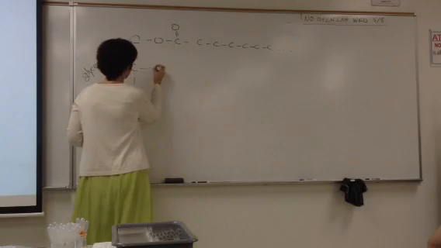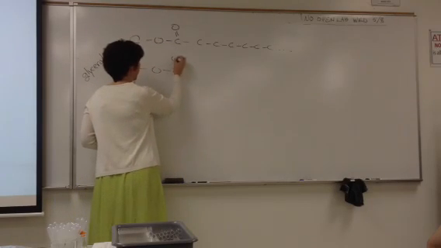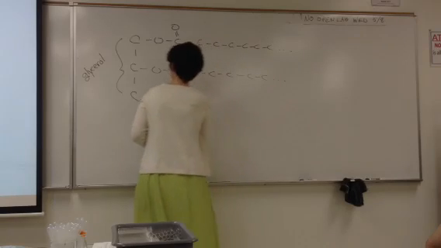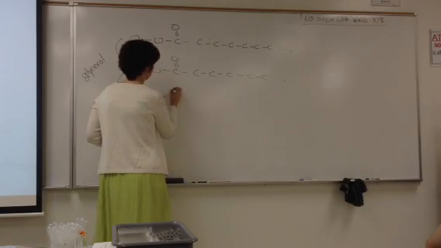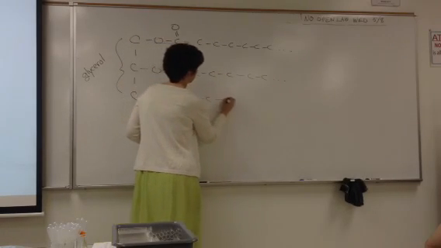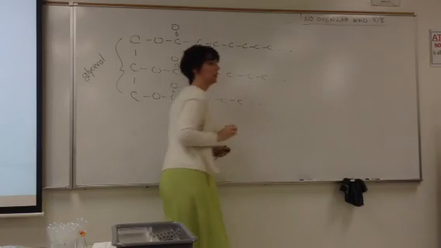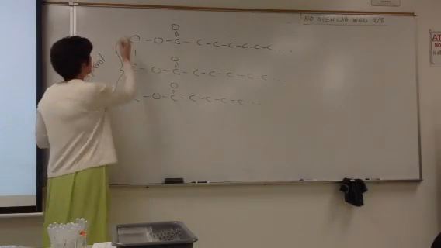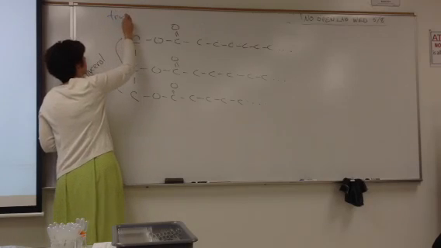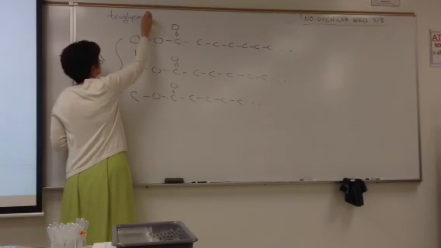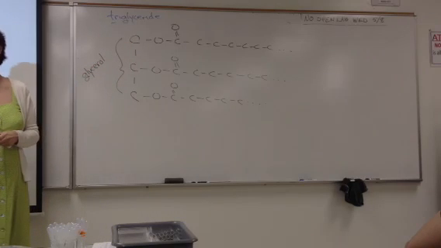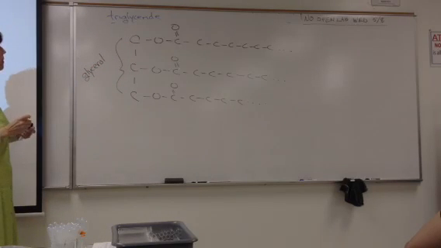And another fatty acid here. Again, there are hydrogens on here. So that's our triglyceride. So tri referring to the 3 fatty acids attached to each of the 3 carbons.